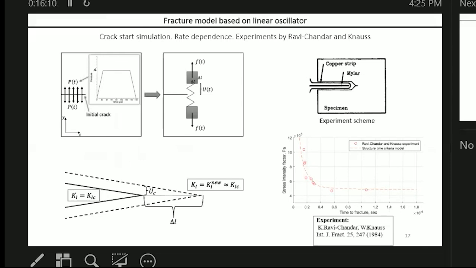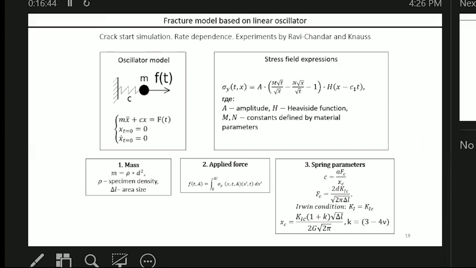Let's turn to the well-known Ravi-Chandar and Knauss experiments, where they built the dependency of the initiating stress intensity factor on the fracture time. Our idea is, I would say, straightforward and raw. We substitute the crack problem with the problem of the failure of the linear oscillator. So we cut some volume in the vicinity of the crack, and we calculate the mass of our oscillator.